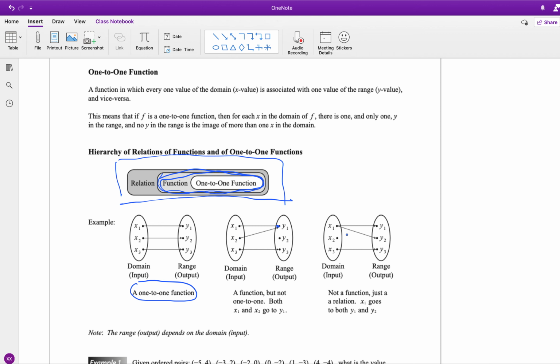But if you look at something like this, you have an x value, you produce one y value, and you produce another y value. And this is not a function. In other words, this is not a functioning relation.